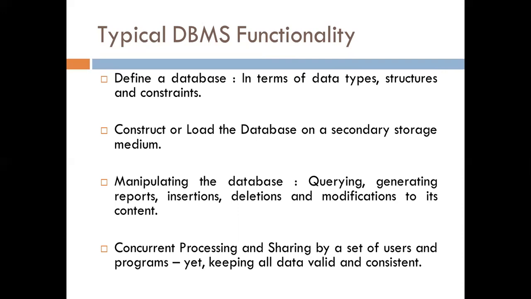For example, whenever VTU results are announced, thousands of students start entering their USN to check the result. At that time, the database should be able to process all those thousands of requests at the same time. That becomes concurrent processing.